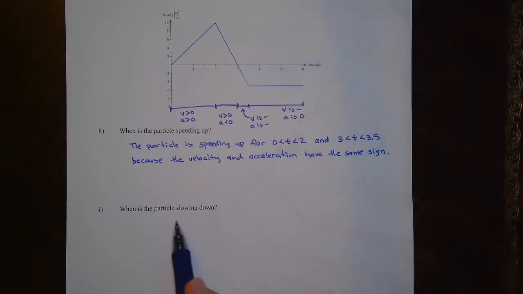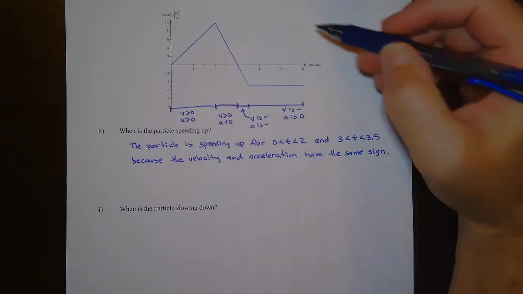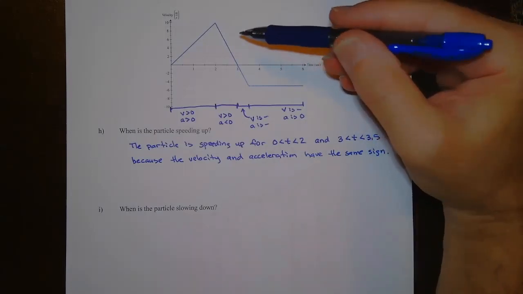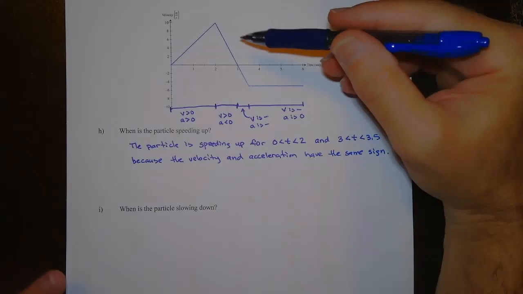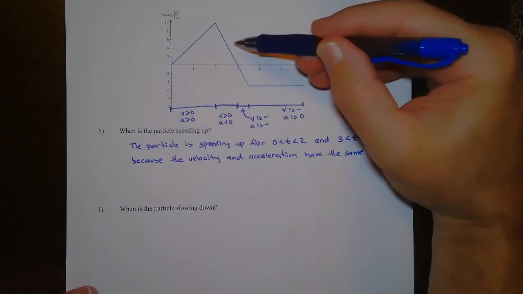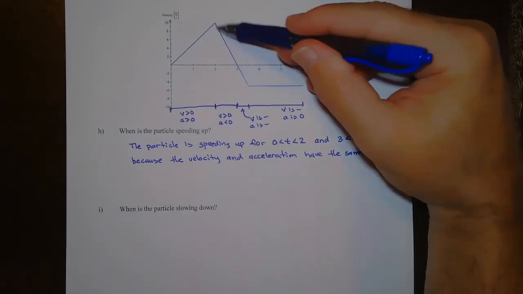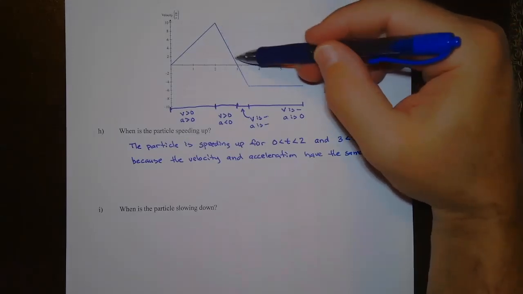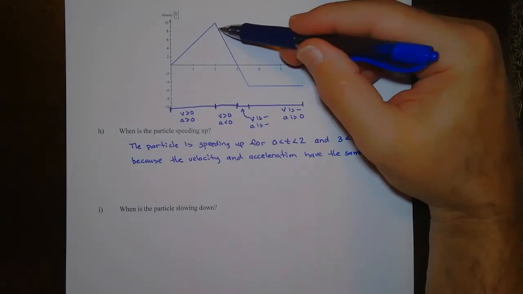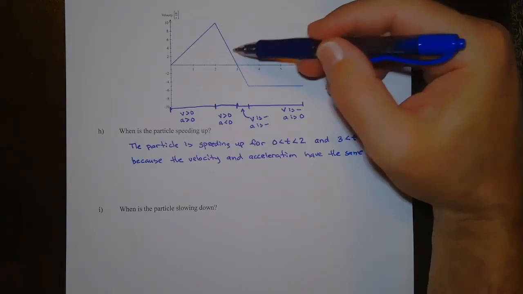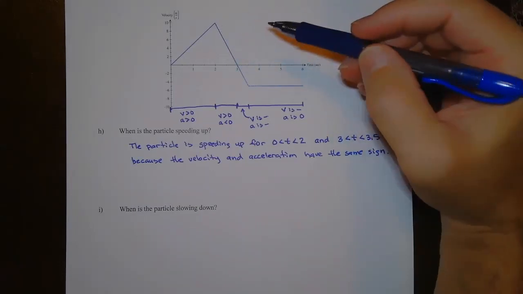How about the next question? When is it slowing down? And think about this. Right before it stops, it's going to have to slow down. And we said it stopped at 3. So right before that, it has to slow down to stop. Right here, the velocity is positive, but the acceleration is negative. So that's where it's going to slow down.